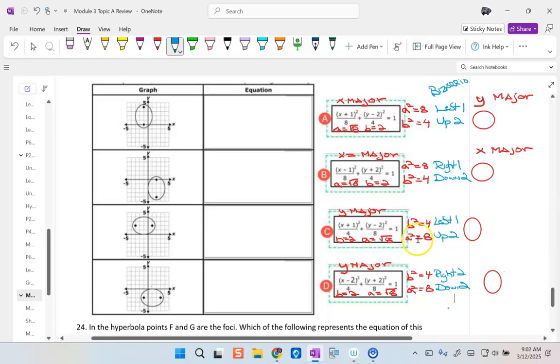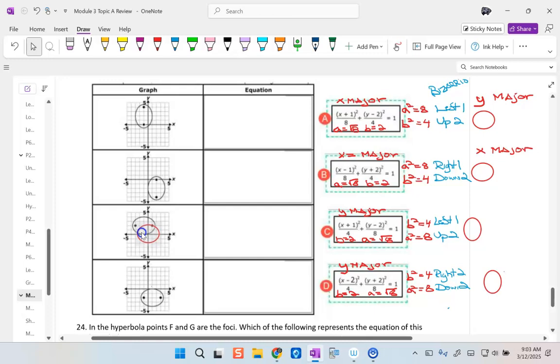All right, so if we take this, let's say A we know is going to look like this. Okay, so without having shifted, this is our equation. That's our circle, our ellipse. And now I'm going to move it.